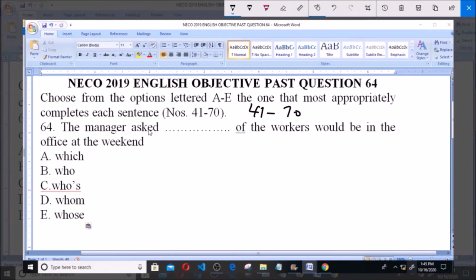And the statement in question number 64 says: the manager asked dash of the workers would be in the office at the weekend.